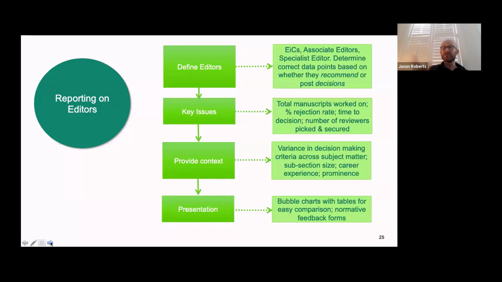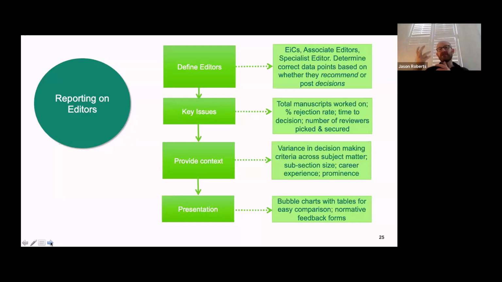But you could include them, you could exclude them. What I'm saying is just define precisely what it is. Don't just say editors. Actually define what type of editor it is and what they're doing. Are they recommending? Are they making a decision? Report on that.